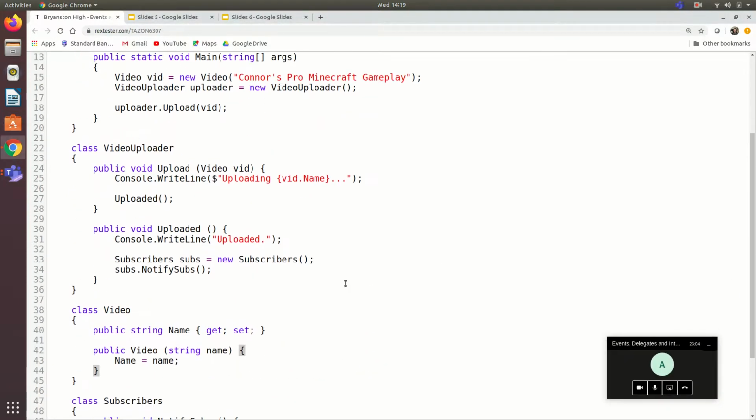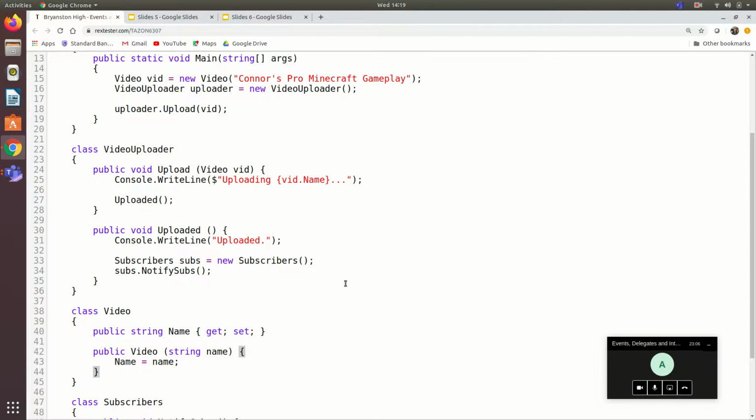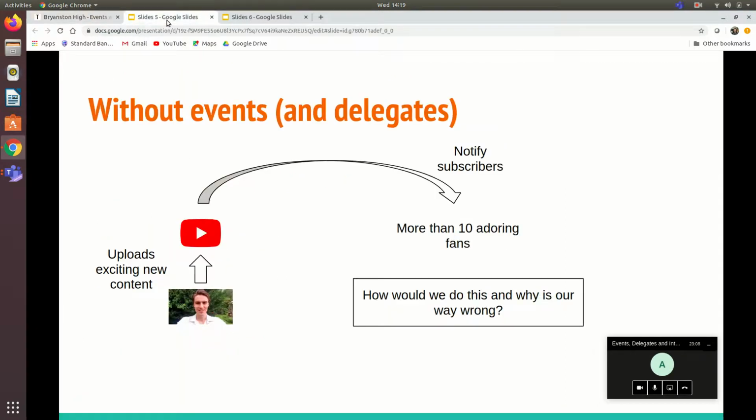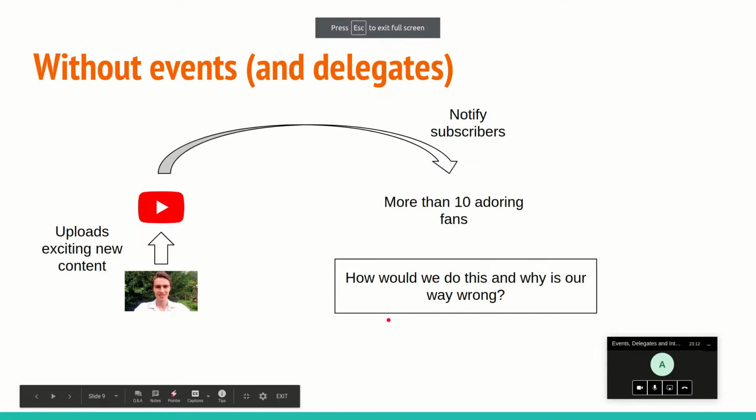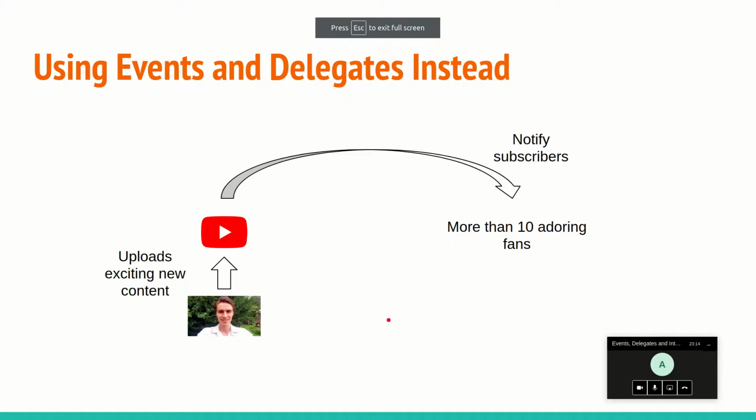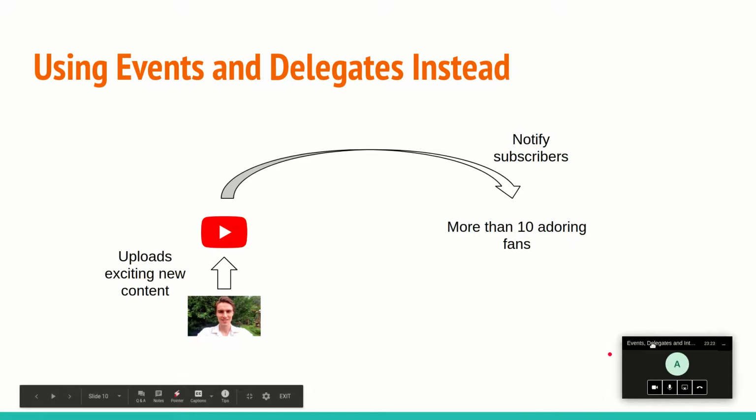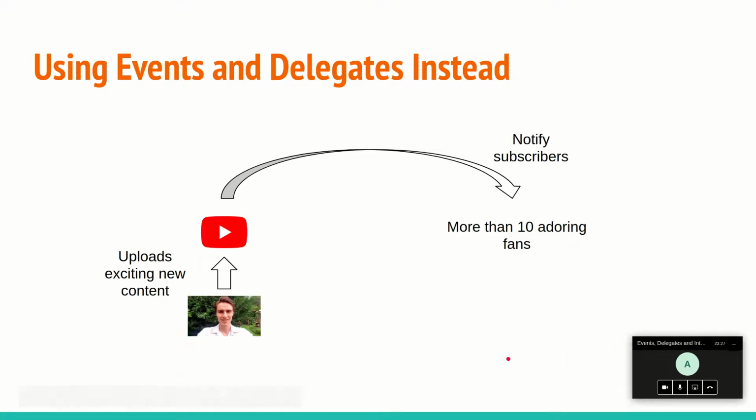Cool. So, how do we fix it? We have to go back to our slides to see how we actually fix this in a professional environment. And the answer is we fix it using events and delegates, which are two new concepts for you guys. It is somewhat complicated.